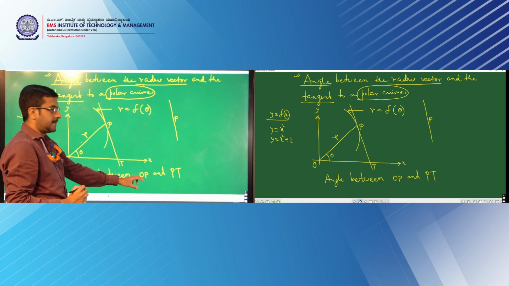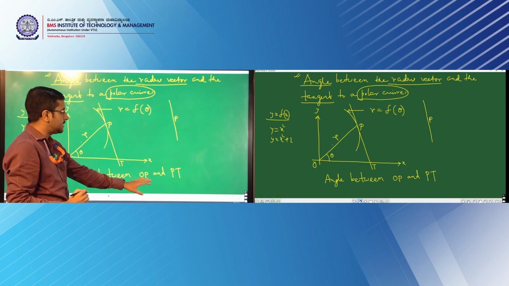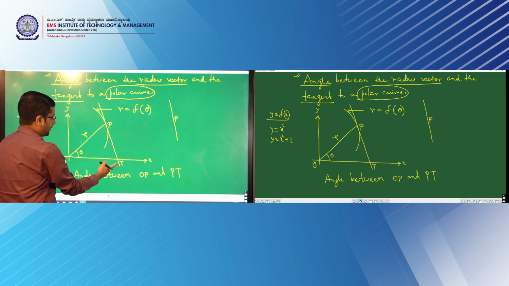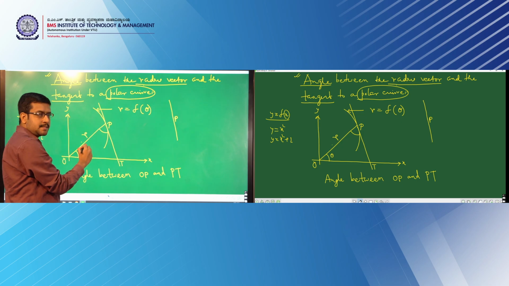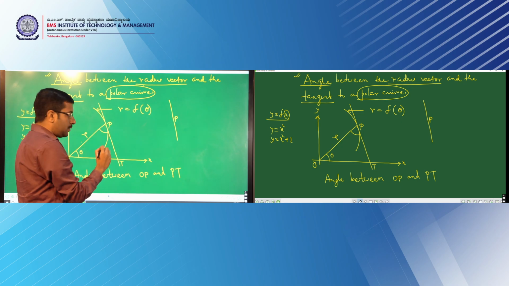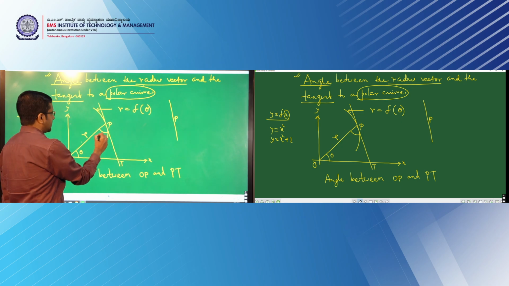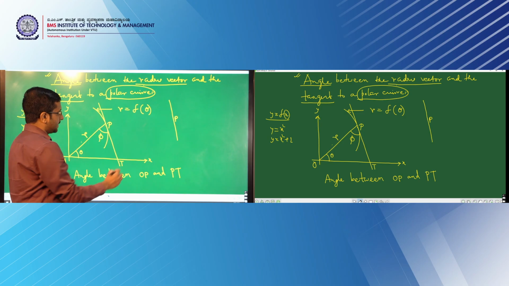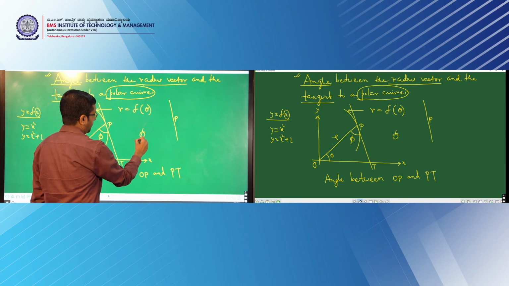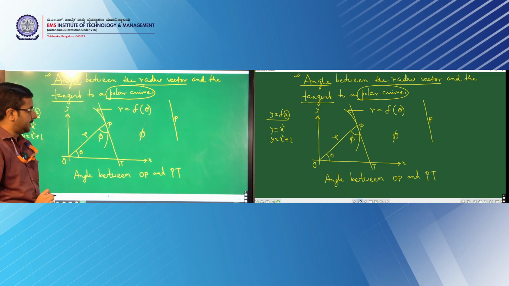You see these are two straight lines, and we have to find the angle between them, OP and PT. So this is your angle. We have to find the expression for this angle. Suppose we take this angle as phi, the Greek letter phi. We have to find the expression of this angle phi.